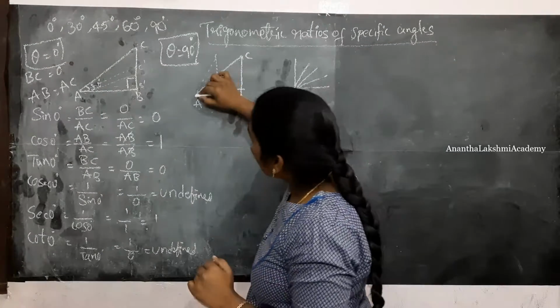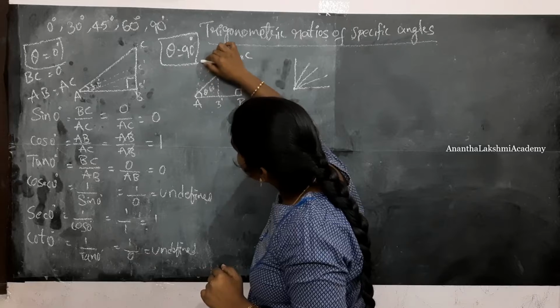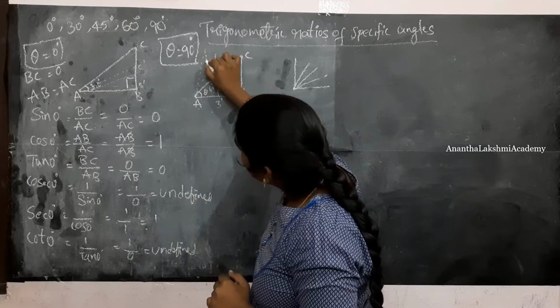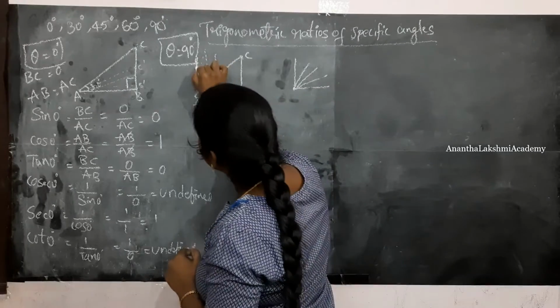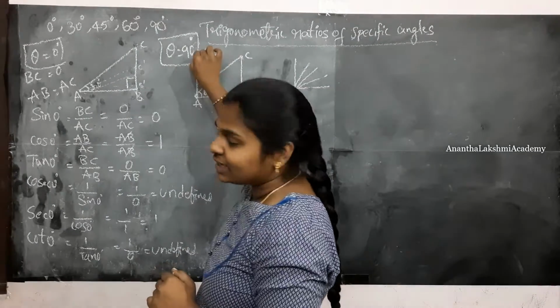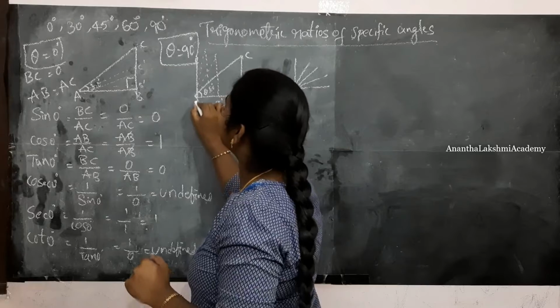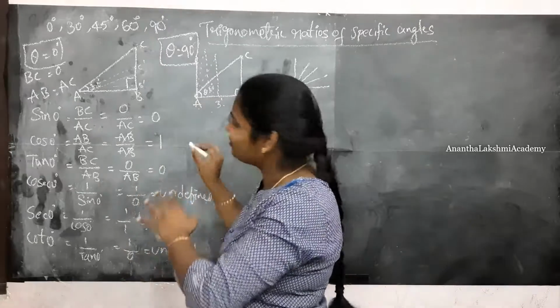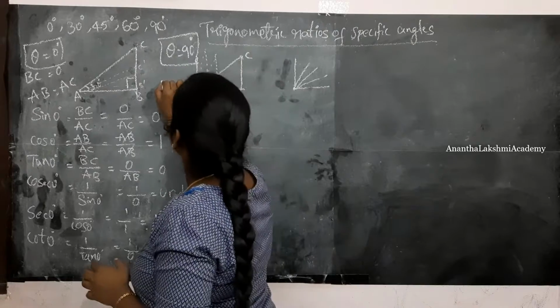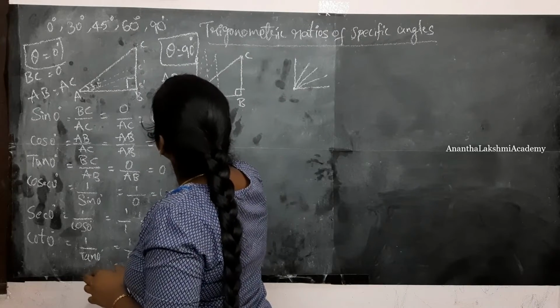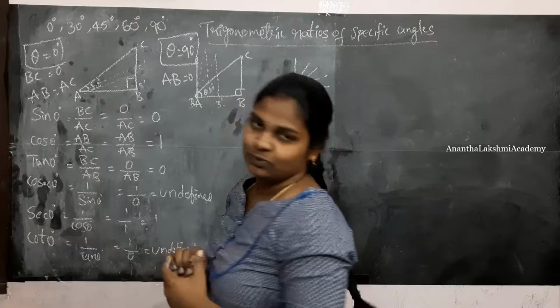Now what happens when this goes to 80 degrees? B comes even closer to A. What happens when this goes to 90 degrees? B comes and sits on A itself, such that AB is equal to 0.